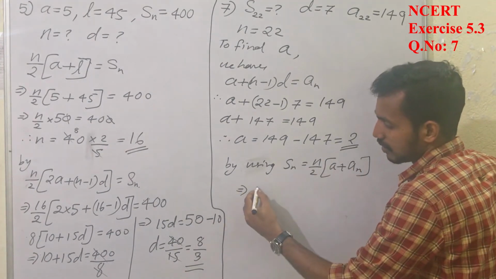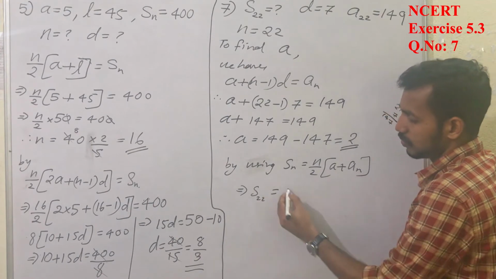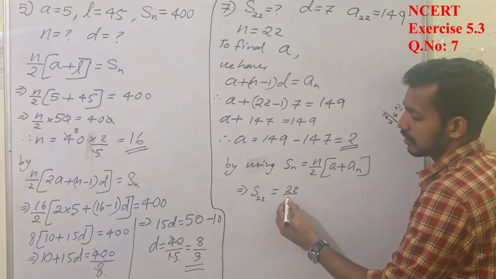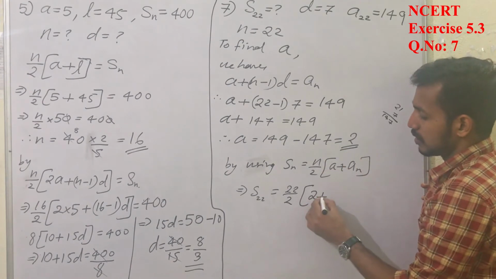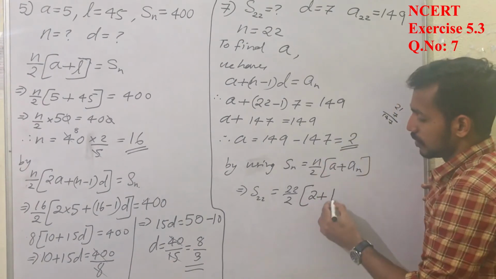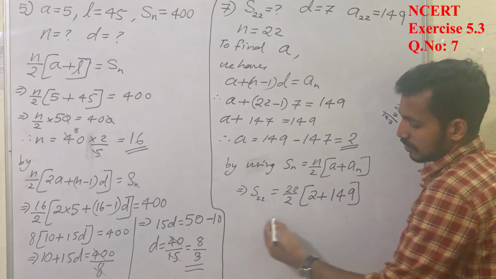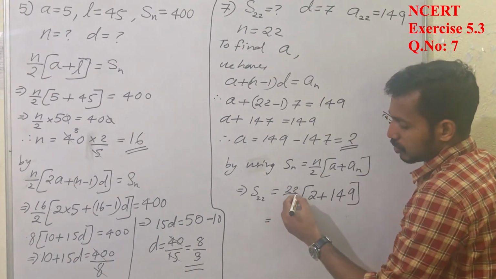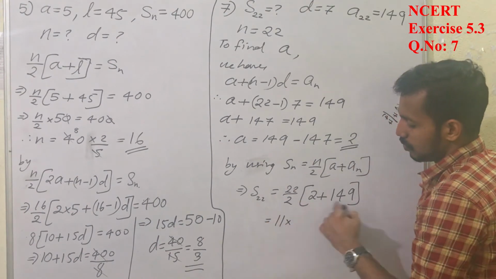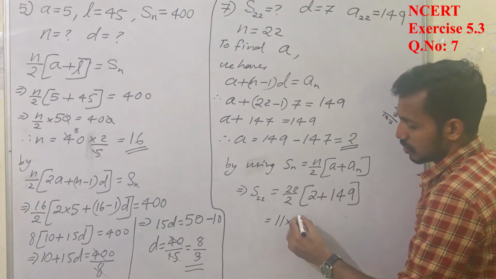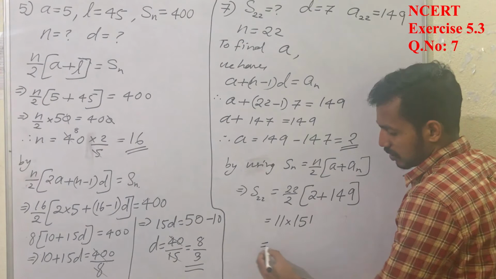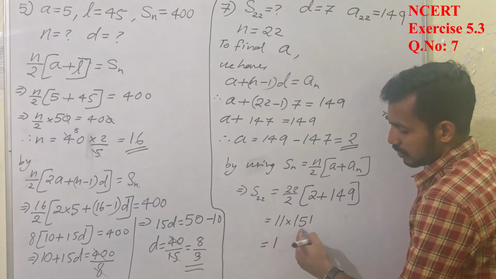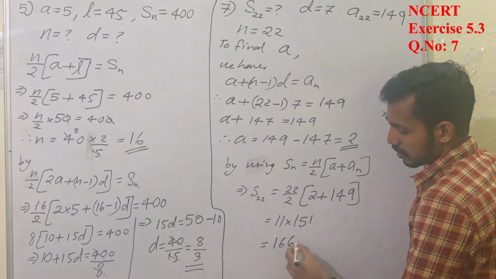That implies S22 is equal to 22 by 2 into, what is a? First term is 2, plus what is l? That is 149. That is equal to 22 by 2 is 11 into 149 plus 2 is equal to 151, which is equal to 1661.